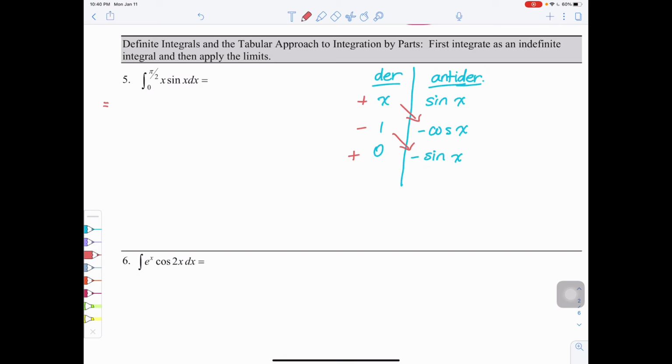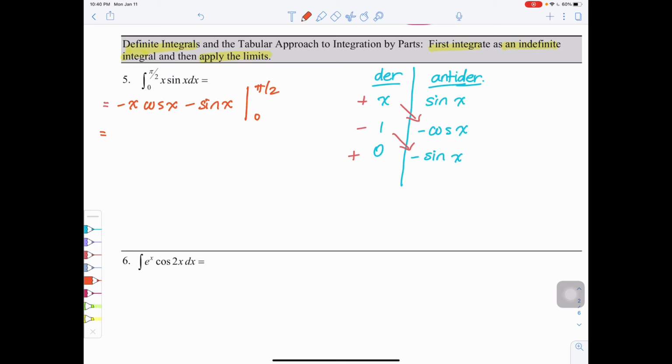Remember, this is a definite integral. So we will have to first integrate as an indefinite integral and then apply the limits of integration, okay? So we have negative x cosine of x minus the sine of x evaluated from 0 to pi over 2.